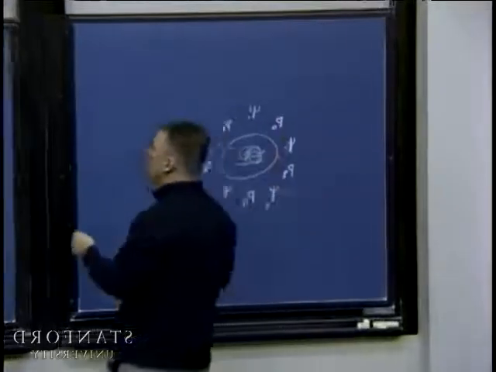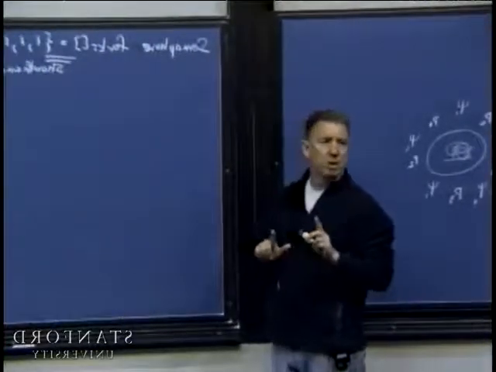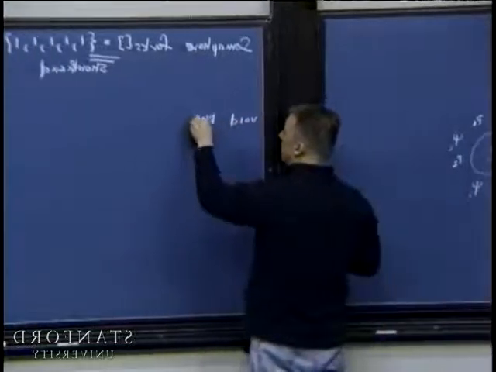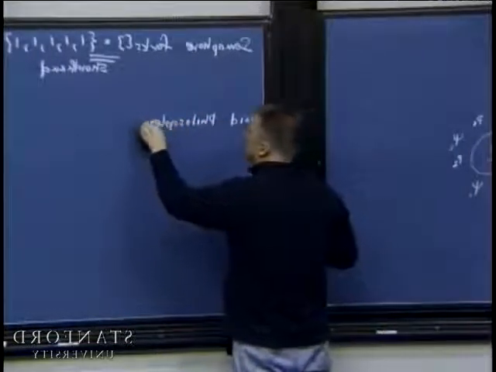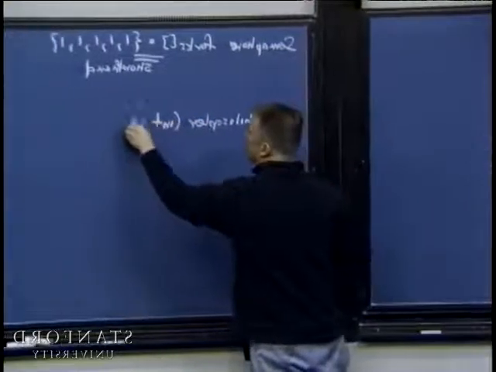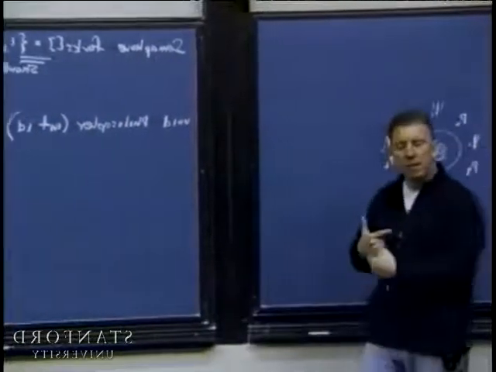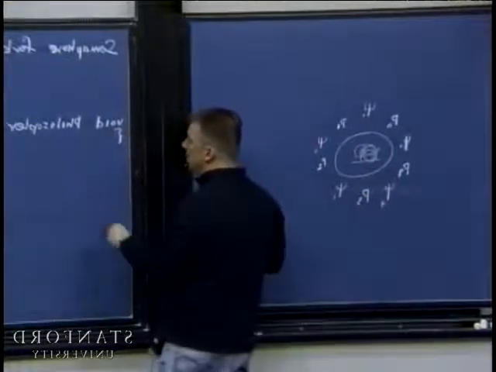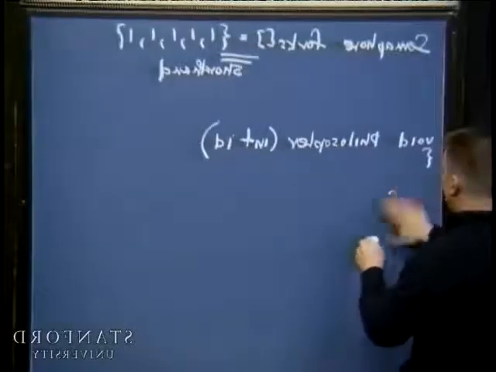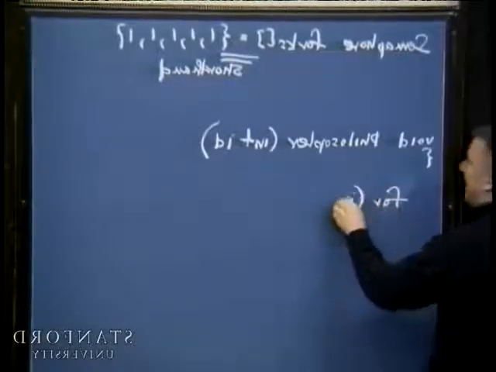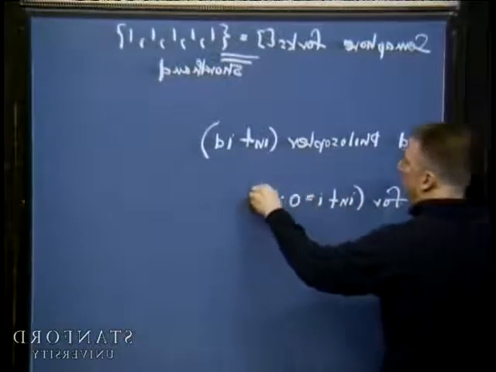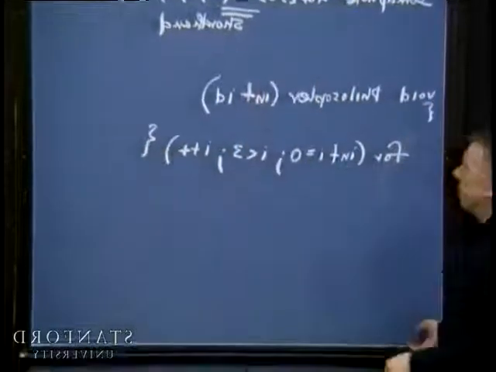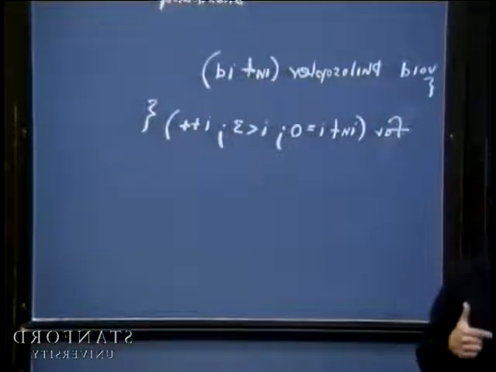So without concerning ourselves with the deadlock scenario that was outlined last time, this is basically the thread I want them to follow. Each philosopher knows their subscript or their ID number, and that influences which forks they grab or try to grab. For int i equal to 0, i less than 3, i plus plus, I want each philosopher to grab the fork to the right, the fork to the left.